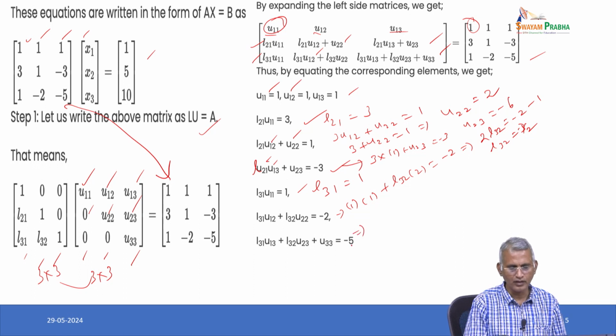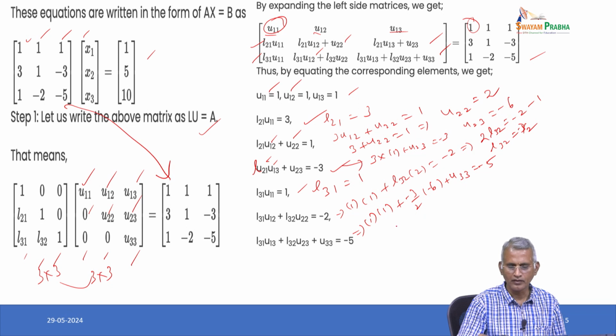Similarly, you can calculate the last one. So what are all the values you know? L31 you know, U13 is 1, and L32 is minus 3 by 2, U23 is equal to minus 6, and then U33 we do not know, which is equal to minus 5.